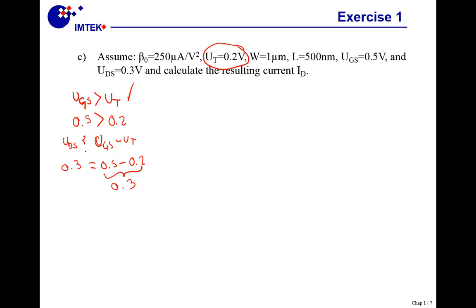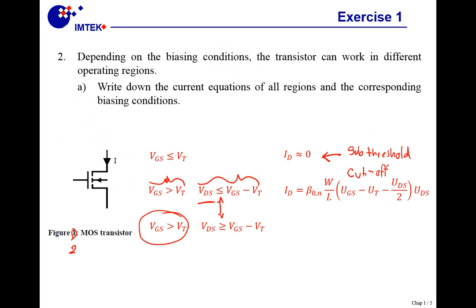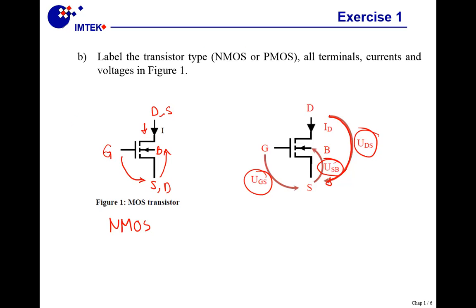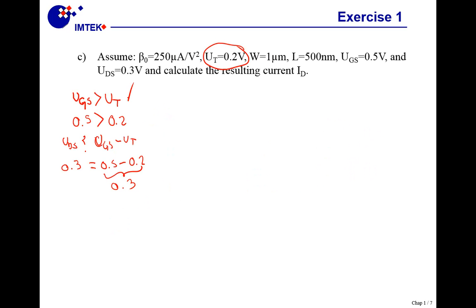So in which region are we operating? If you come back to the previous exercise, these signs represent smaller or equal, and larger or equal. That means that in this case, both the linear and the saturation region meet the conditions. So our transistor is exactly at the pinch off, and it can be calculated either with the linear formula or with the saturation formula.